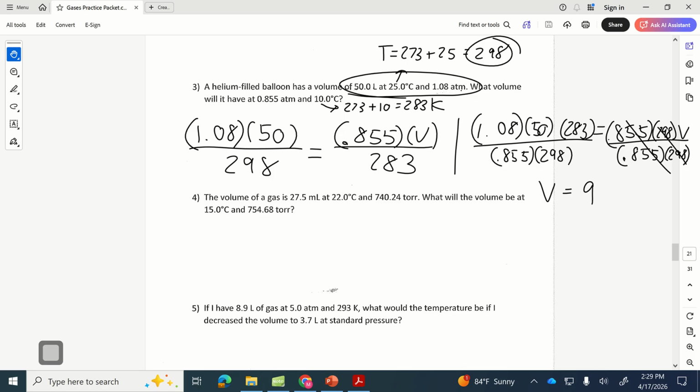Volume is 93.2 liters. Again, find that unit.